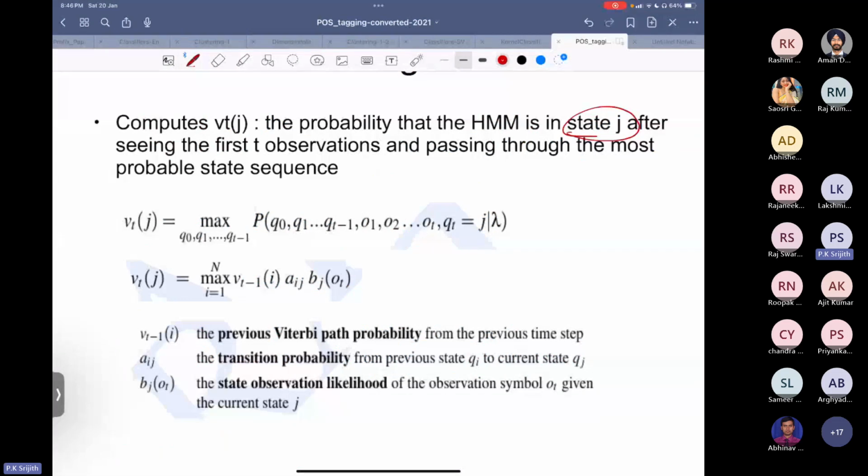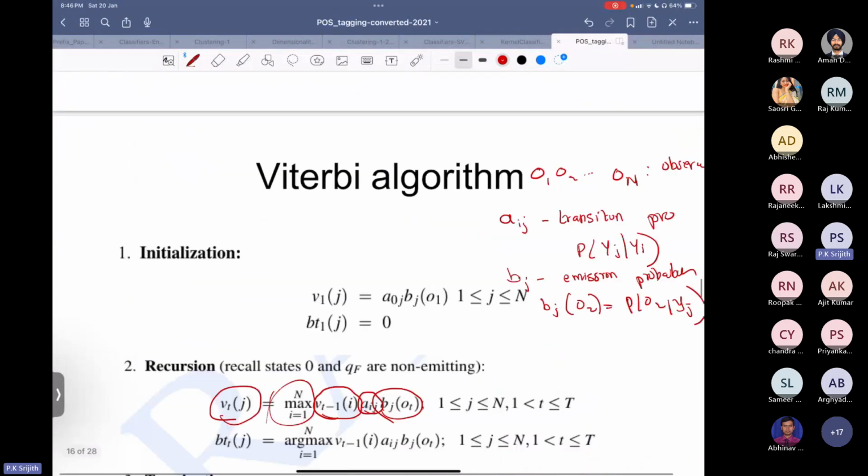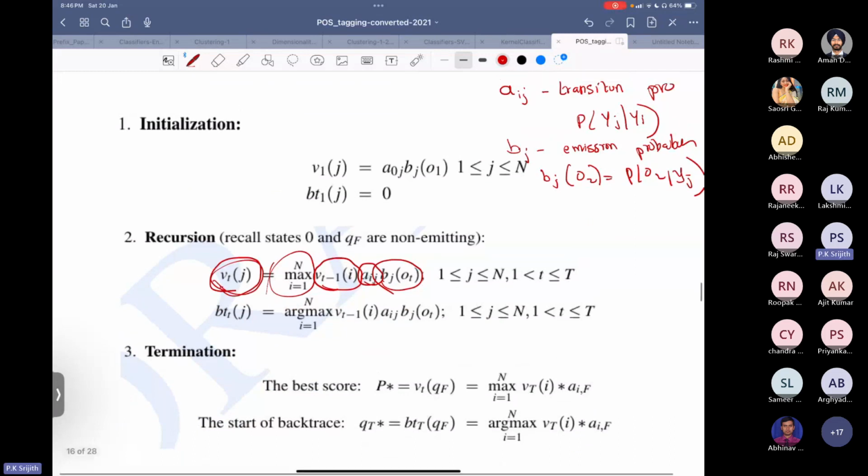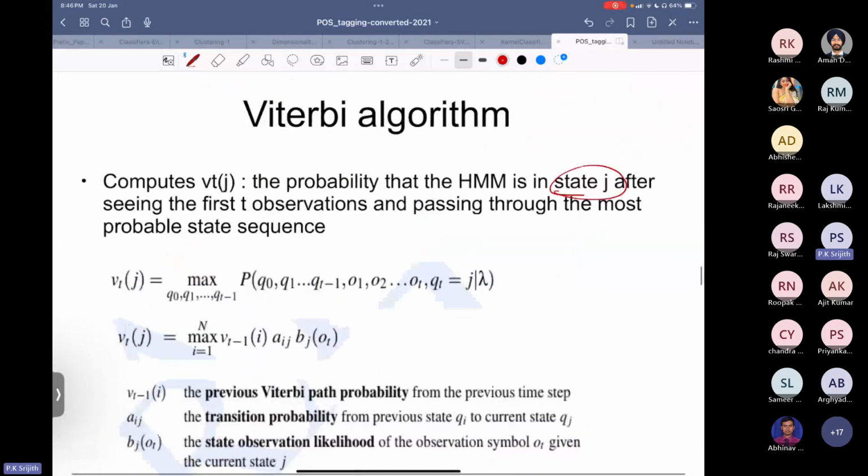So whatever VTJ that you are computing here is basically representing the probability that, see, assume that you have some total n observations, O1, O2 up to On, right?